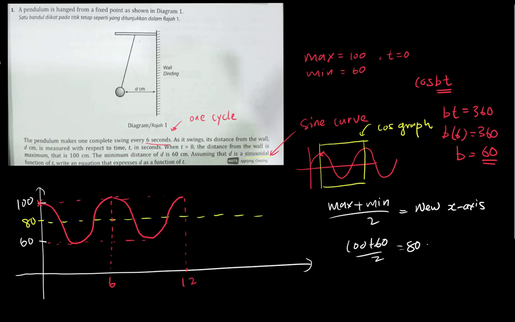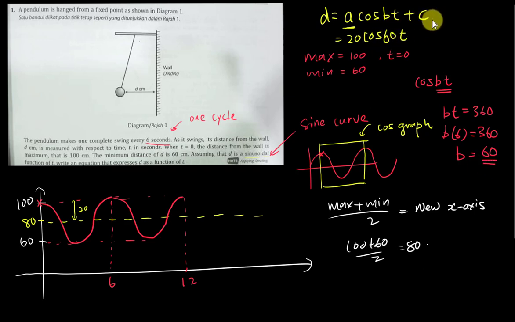So the distance should equal a cos bt plus c. What is the value of a? A is the amplitude, and over here our amplitude is 20. So a is 20. Cos b, we just found it, b is 60, so it will be 60t.